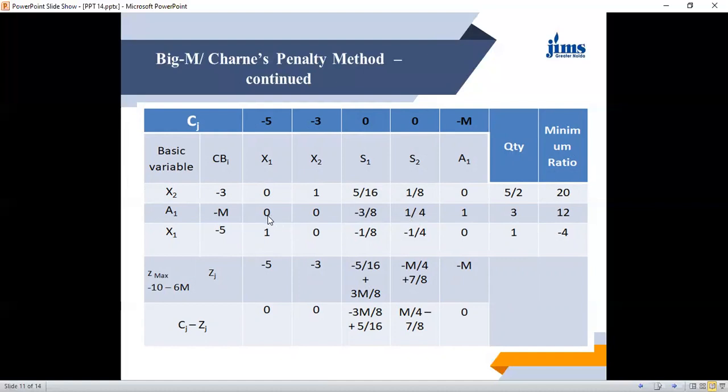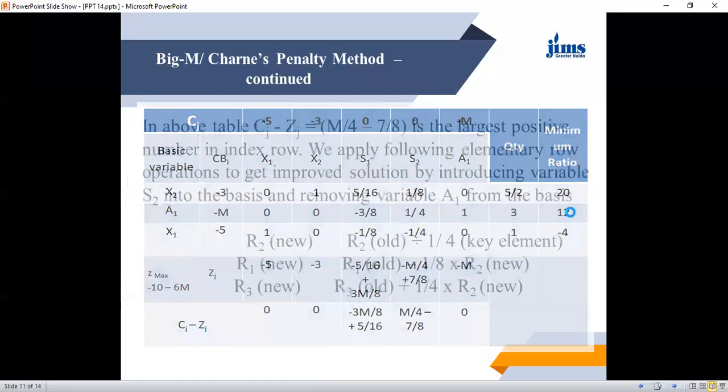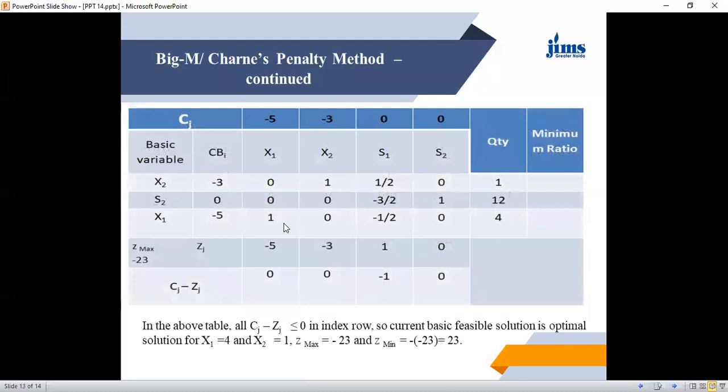So this becomes 0 by 1 by 4, 0, 0 by 1 by 4, 0, minus 3 by 8 divided by 1 by 4, multiply by 4. So this becomes minus 3 by 2. Likewise we convert here. So what we get here: 0, 0, 0, minus 3 by 2, 112.